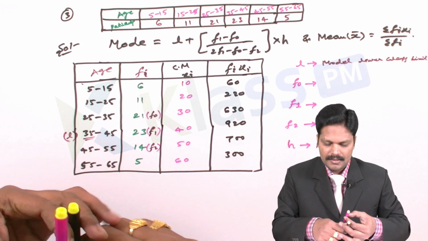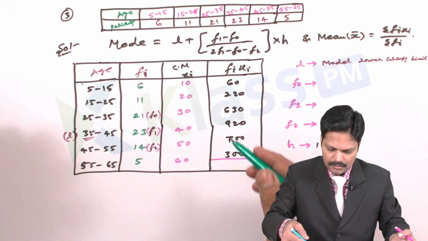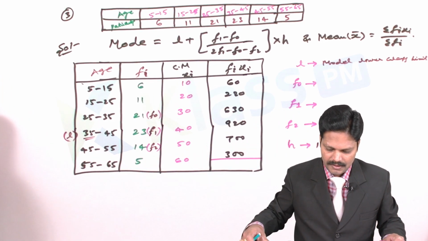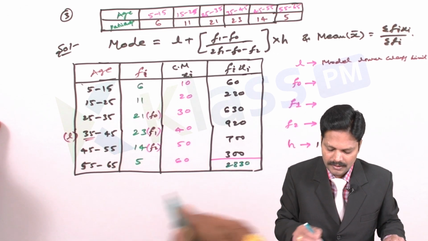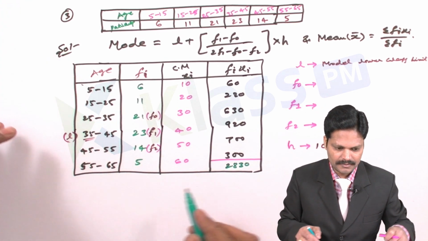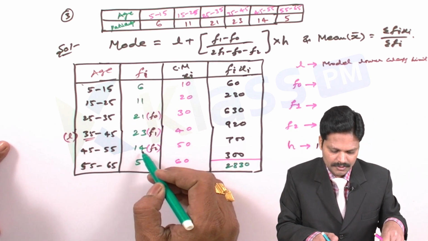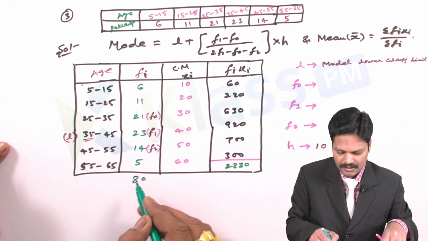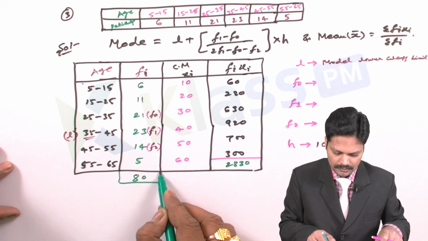We need to get the sum of the fi xi. So 60, 220, 630, 920, 700, 300 is nothing but 2830. This is the sum we are having. Here we take the values 6, 11, 21, 23, 14 and 5, and the sum should be 80.